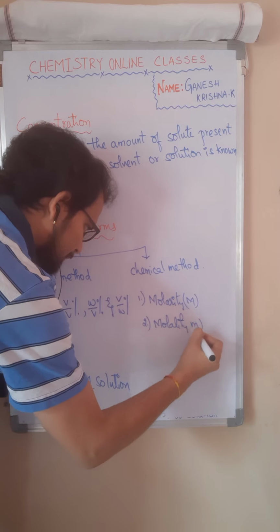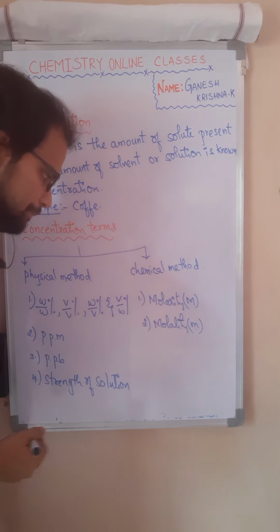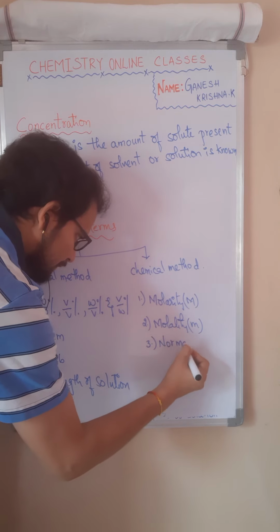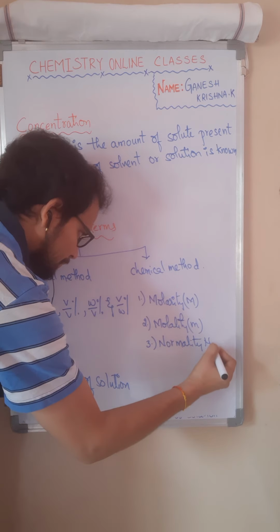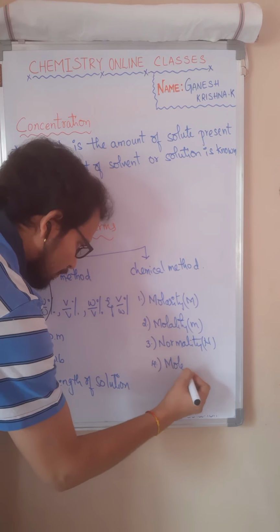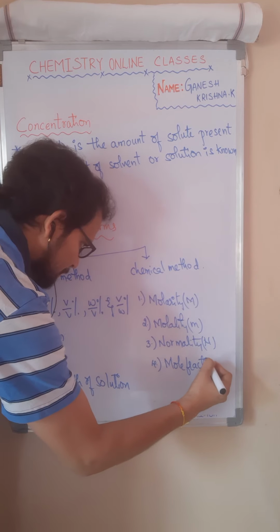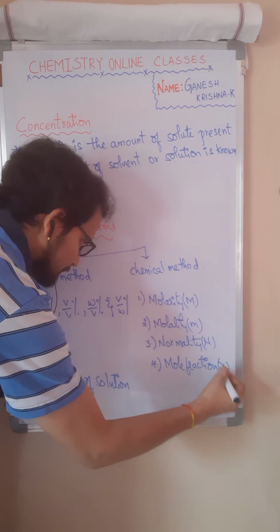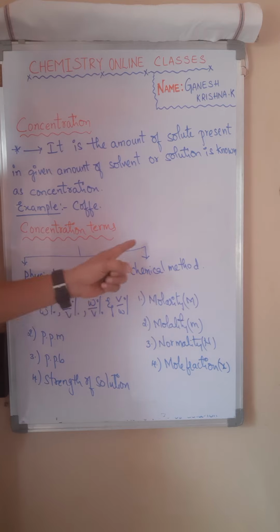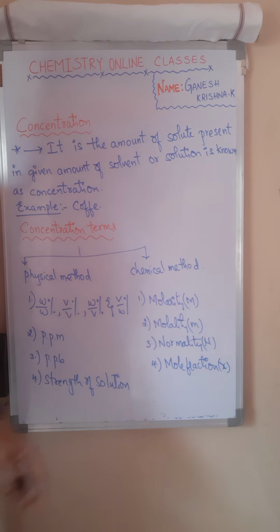Here molality is represented by small m, molarity with capital M. The third one is normality, represented with capital N. And the fourth one is mole fraction, represented by X. So these are the concentration terms in the physical method and these come under the chemical method. Now let us discuss these concentration terms in detail.